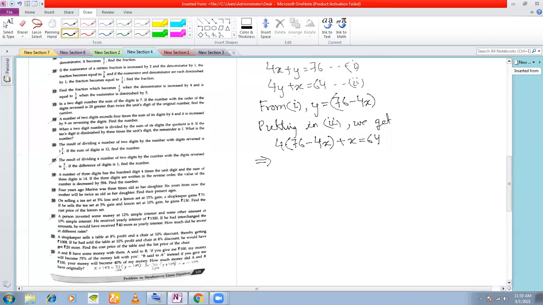So now that means this will be 304 minus 16x plus x is equal to 64. 304 minus 15x is equal to 64. That means 304 minus 64 is equal to 15x.